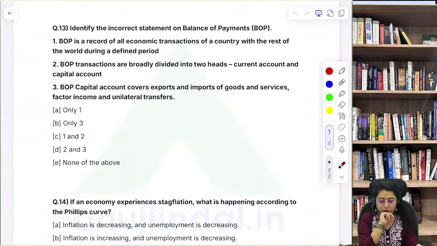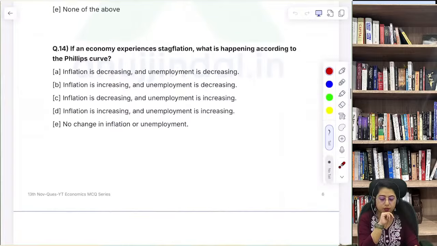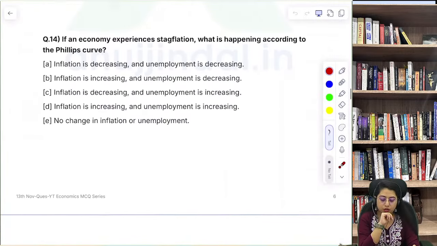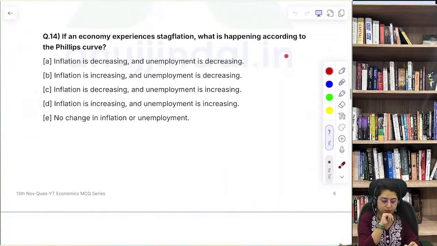So moving on to the next, if an economy experiences stagflation, what is happening according to the Phillips curve? What is the Phillips curve? What do you mean by this Phillips curve? What do you mean by stagflation, disinflation, deflation, and the differences?